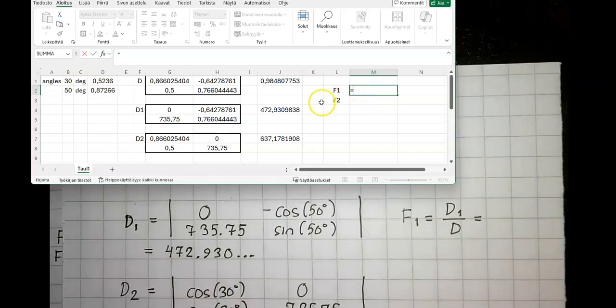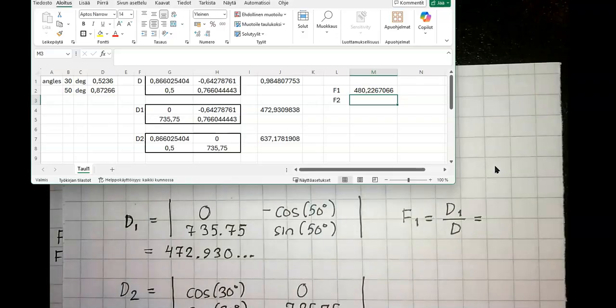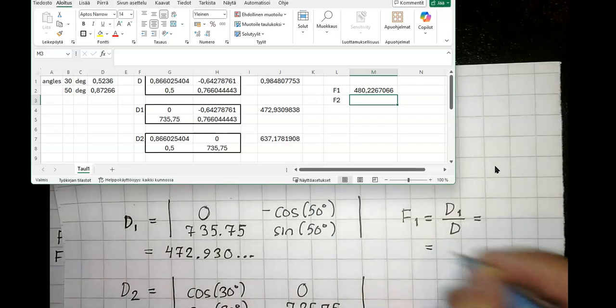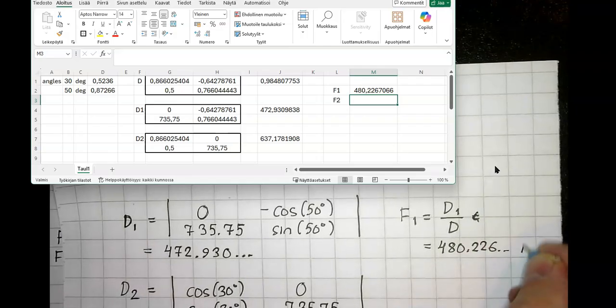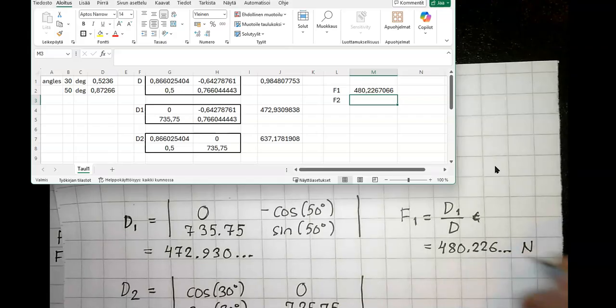We have this equal sign, and then I pick the value of D1 and I divide it by the value of D and press enter. So this will be 480.226, etc. And this has the unit newton.